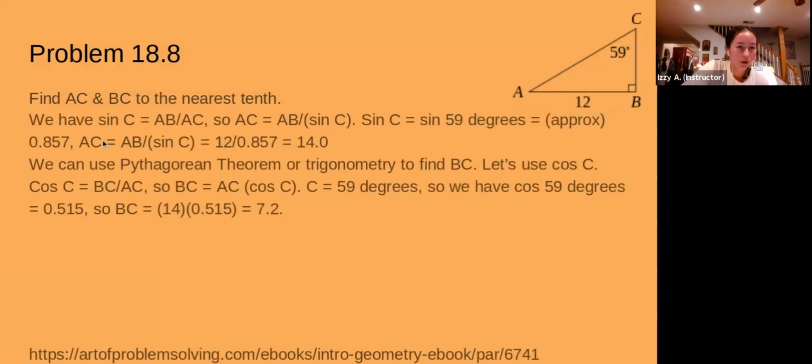So first we're going to find AC, and we're going to use the values that we know for the triangle. We know what angle C is, so we should focus around angle C. To make sure that AC is included in the ratio, we're going to choose sine, so sine of C is equal to opposite over hypotenuse, or AB over AC.